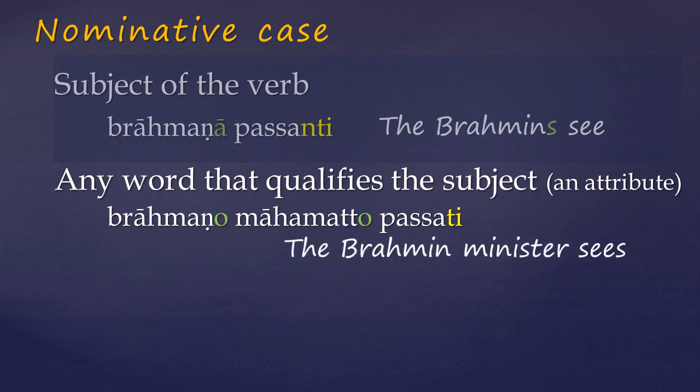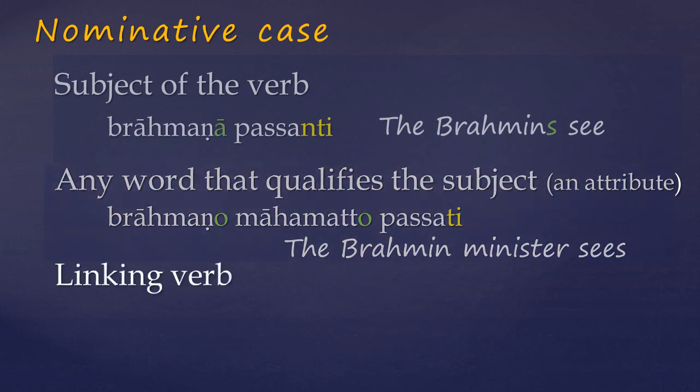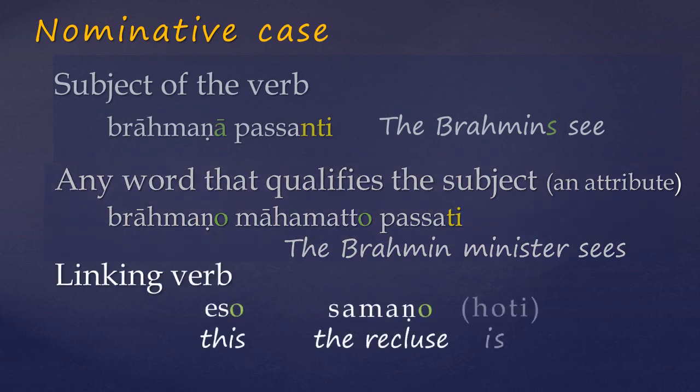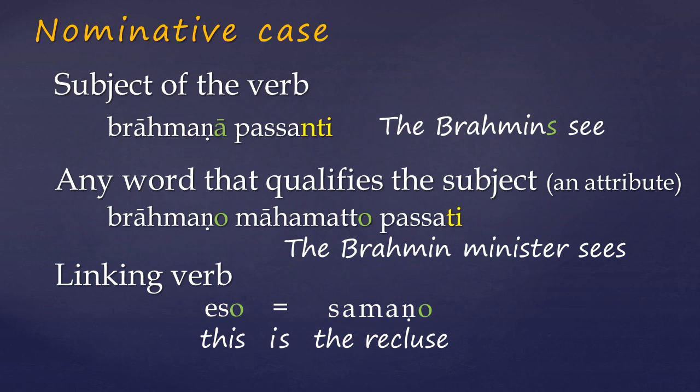Here the Brahmin, who is also a minister, sees. And this rule also applies to linking verbs, whether they're explicit or implied, as the attribute will always agree in both case and number. So we can see that in Pali, as far as possible, words referring to the same thing agree in case, number and gender, with the attribute following the word that it qualifies.